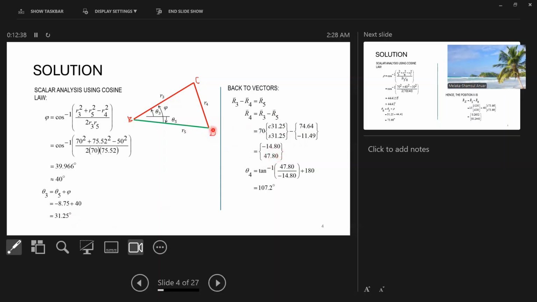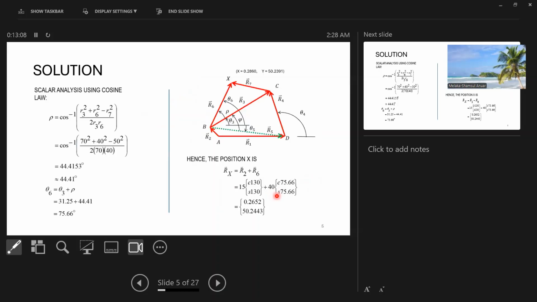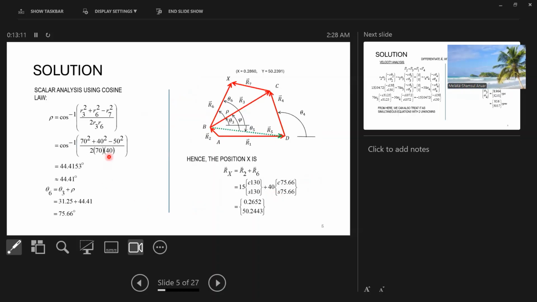So that is R4: negative 14.8 and then up 47.8. That makes sense. For the angle, 14.8 is negative, so you have to add 180. That gives us 107.2 degrees for theta 4, which is correct.